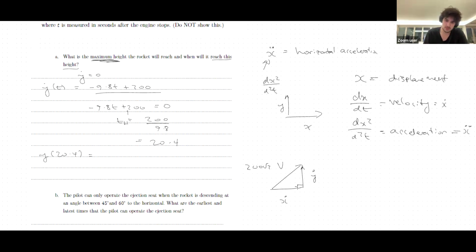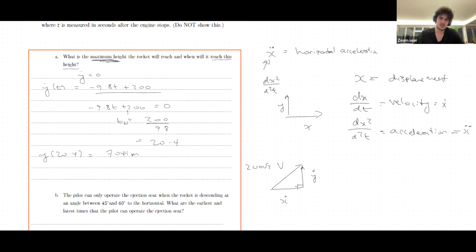Mm-hmm, 7040. And then wait, what was the question? The max height the rocket will reach. Yeah, you just found it. Oh right, okay. All right, nice.